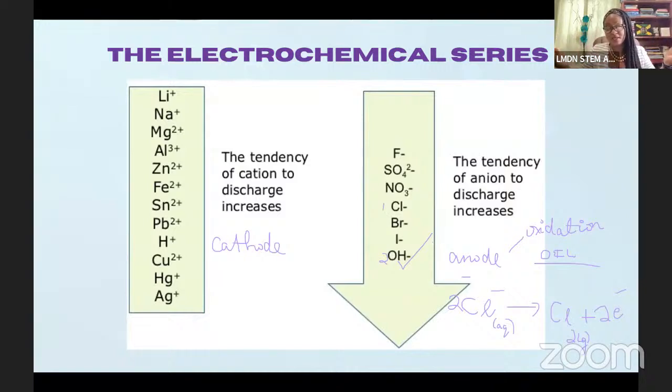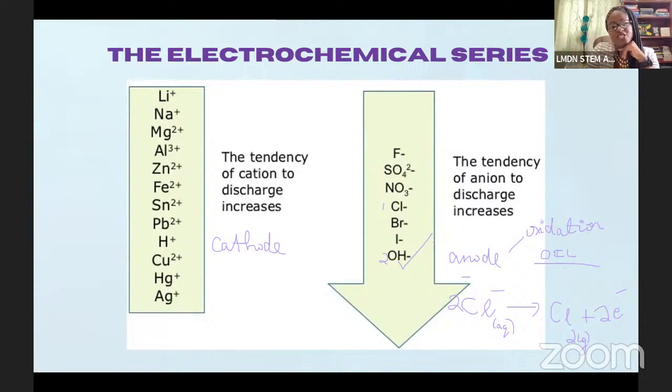And so you have oxidation that takes place, because you're going from a negative charge on the left to chlorine on the right, which is 0. So you're going from -1 to 0. There's an increase in the oxidation number, which means that oxidation takes place.